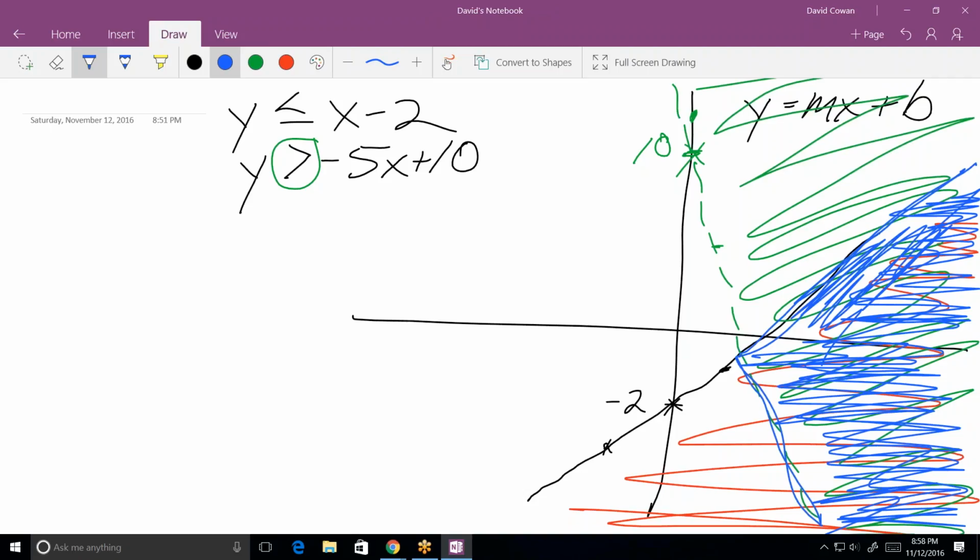And that's the way all of these linear inequalities work out: you end up with a patch of space. This blue area over here, there's only one way to describe it, and that's with those two inequalities.